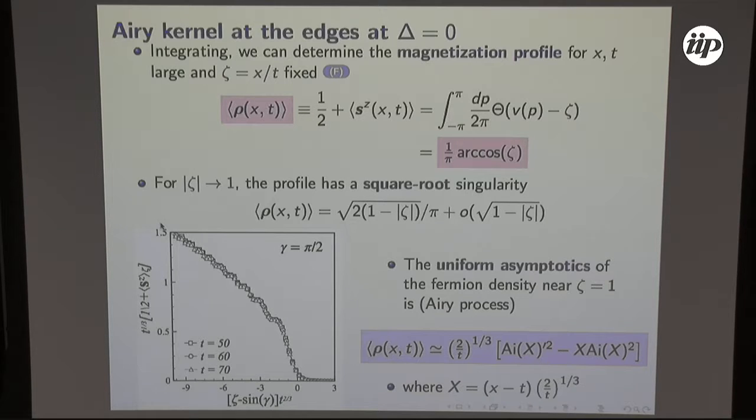The Tracy-Widom distribution appears in many contexts, especially in random matrix theory, as the statistics of the largest eigenvalue of a Hermitian random matrix. Here it appears in the density near the edge in a free fermionic system. So this nice oscillation here is related to this Airy function. And this is what happens when you cross the boundary of the light cone.